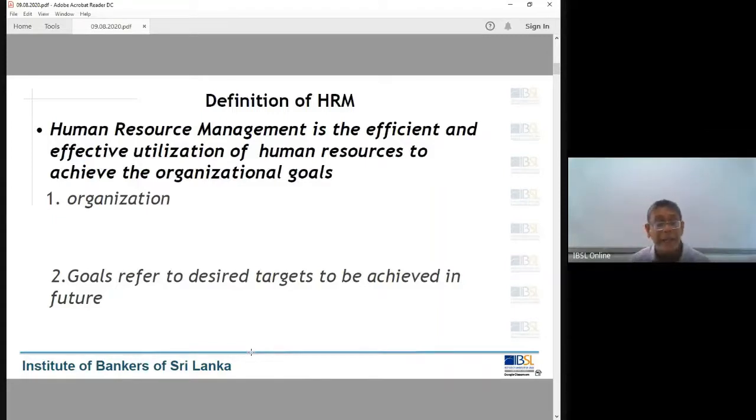A goal refers to a desired target to achieve in the future. Now, for what purpose does an organization exist? To fulfill human needs and basically upgrade the standard of living of people. Any organization is that.